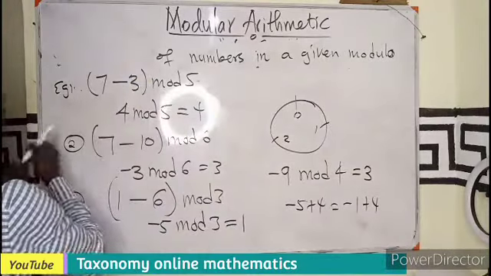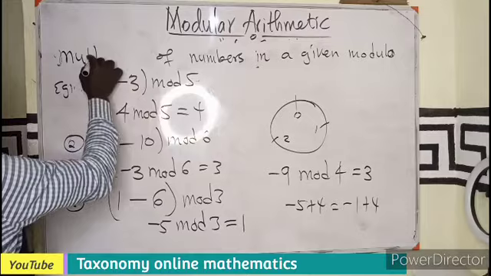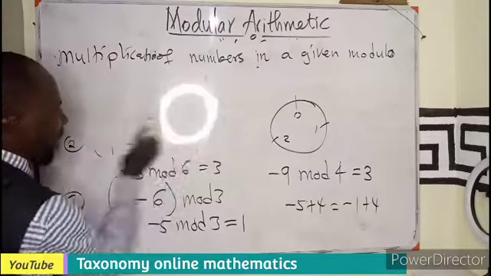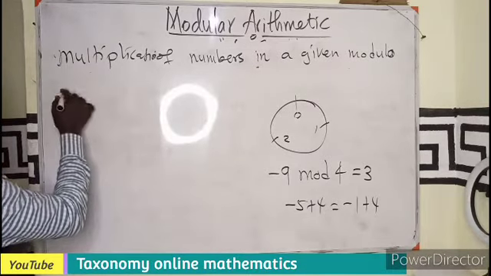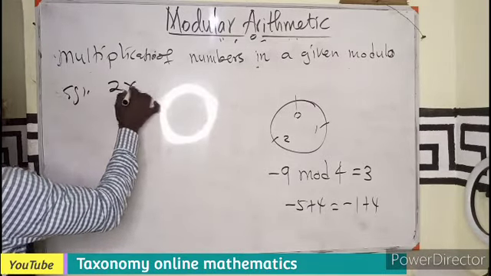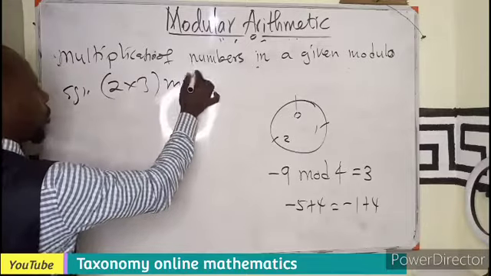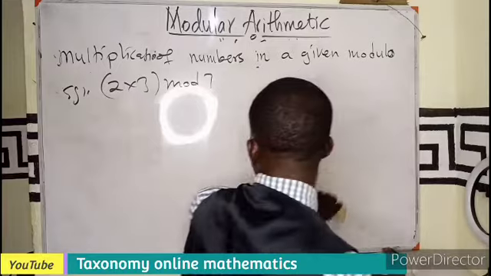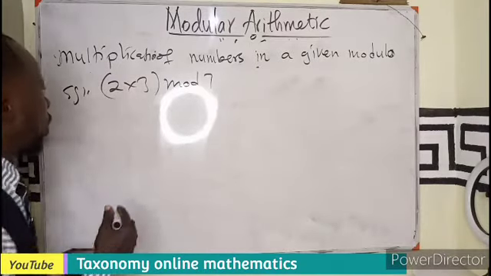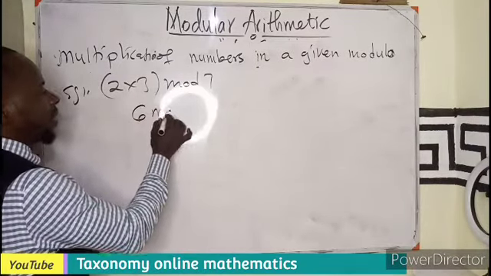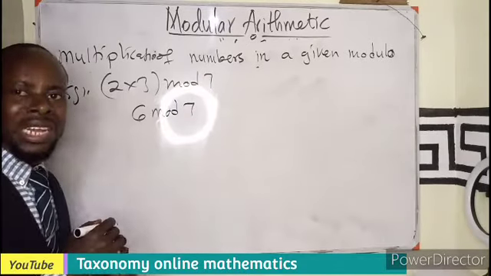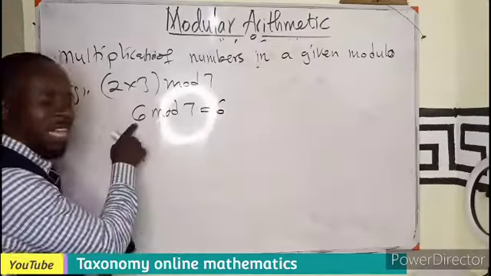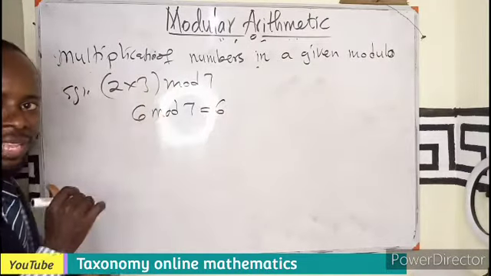If I have multiplication of 3 by 2, what do I get? 6. Then mod 7. What answer do you think I will get? I heard somebody saying 6. Yes, because 6 is less than 7.